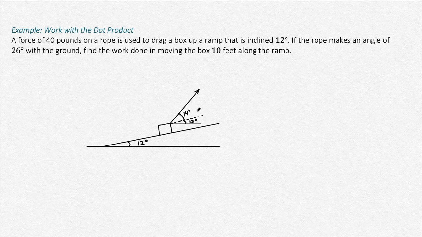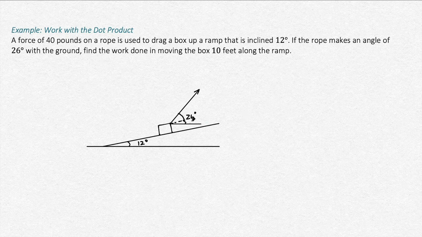Now, I'm not sure if that really matters. Actually, what probably matters is just this 26 degrees. But that's what's happening here. I am going to go ahead and write that. I think that's what's going to matter to us anyway. This full angle is 26 degrees.